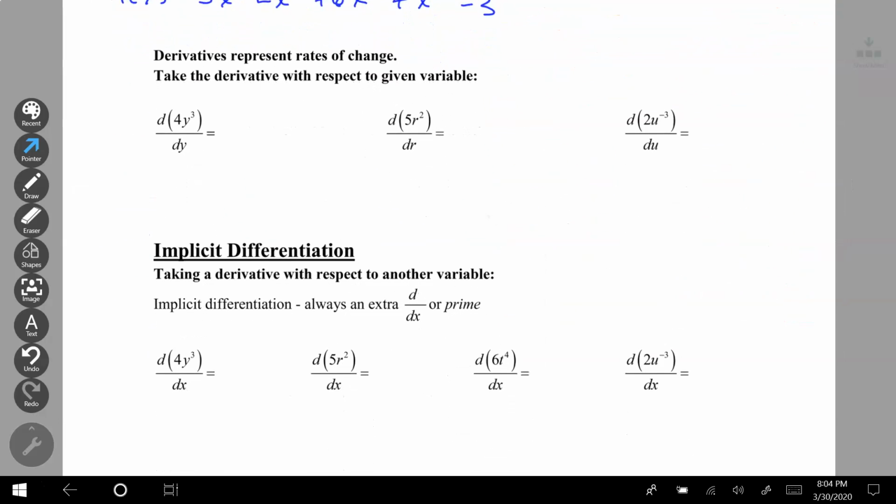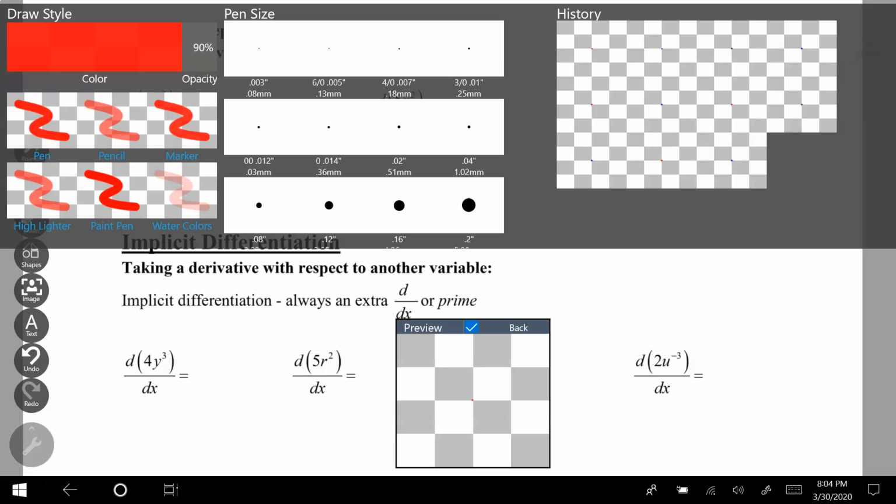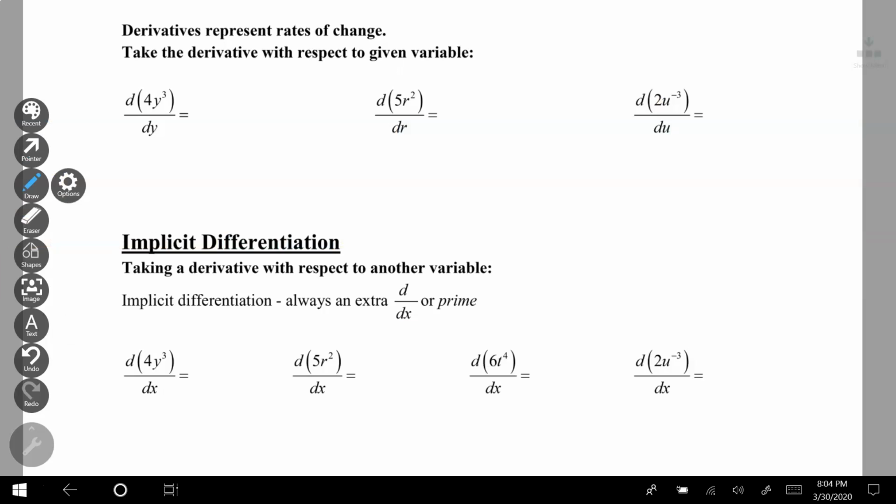And we're going to talk about how we take derivatives of other variables. So my first example, if you notice, these are the same variable, so it doesn't really matter. Taking the d dx, this is the d dy.